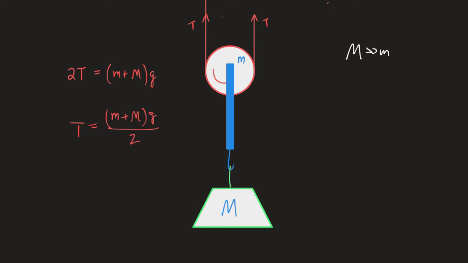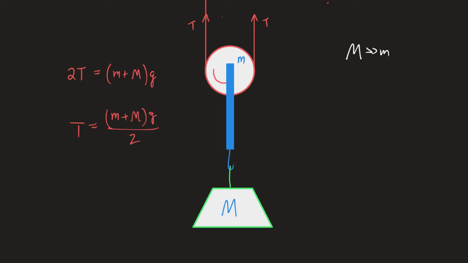The number of upward pulling strings is the factor by which the weight is reduced. There are two upward pulling strings, so the weight is cut in half. That's a way to use a pulley to try and reduce the force.